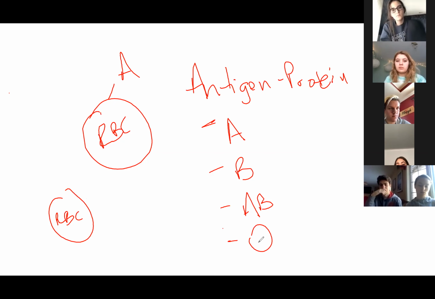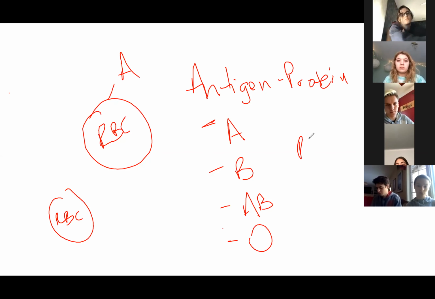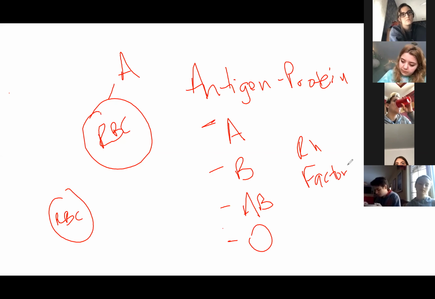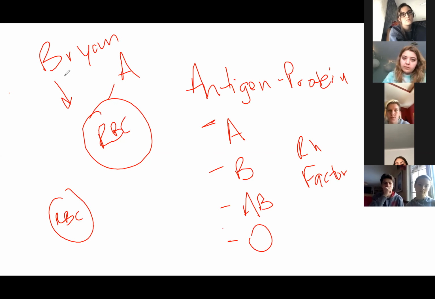The other thing that complicates things is that there's actually a second antigen, called the Rh factor. And the Rh factor is usually denoted as either positive or negative. So again, this is Brian's red blood cell here. Again, I told you everything in my life is an A, and that's true.